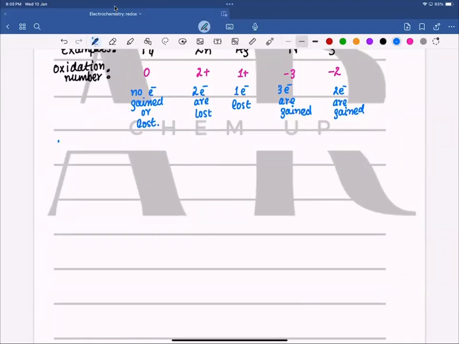Now, we are going to discuss the rules for determining oxidation number.